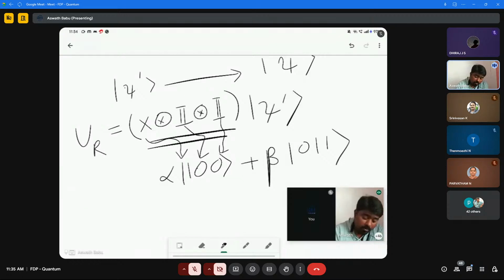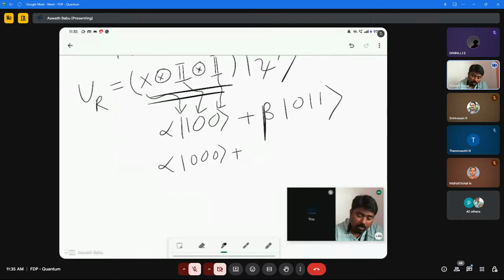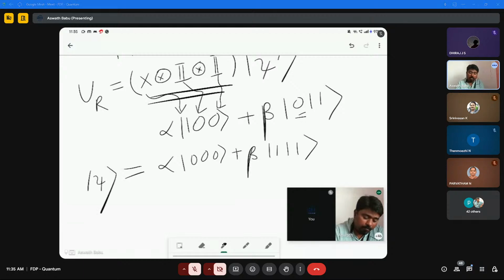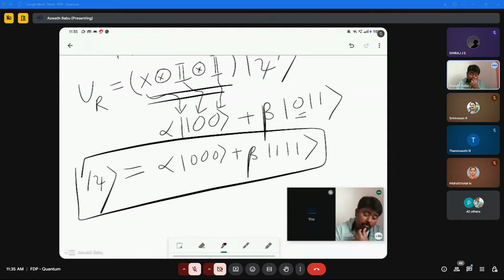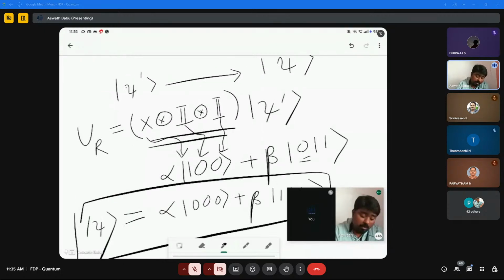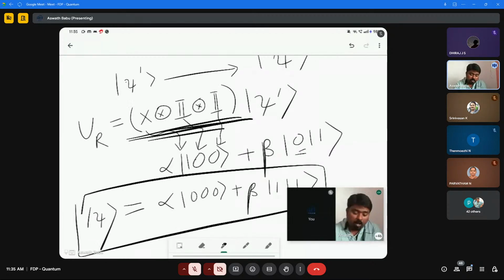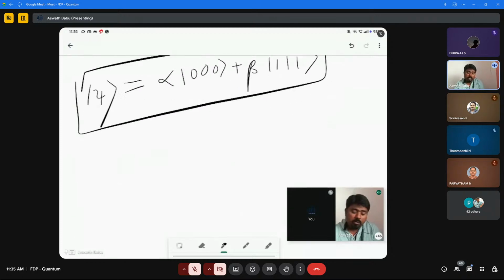X gate acting on 0 gives you 1, so 111. So I got a recovered quantum state. Okay. So this is how you are going to do the recovery. What is that recovery gate? The recovery gate is a sequence of X with I. Okay. Now this is how the recovery is going to be done.